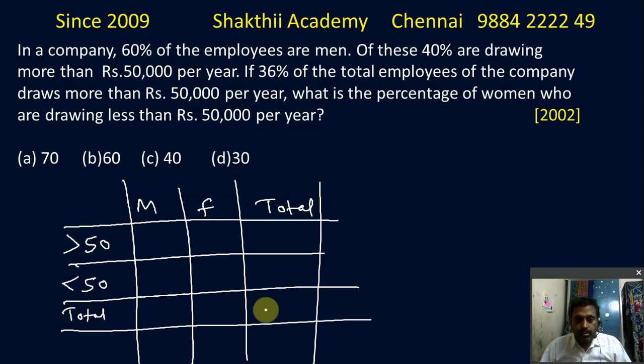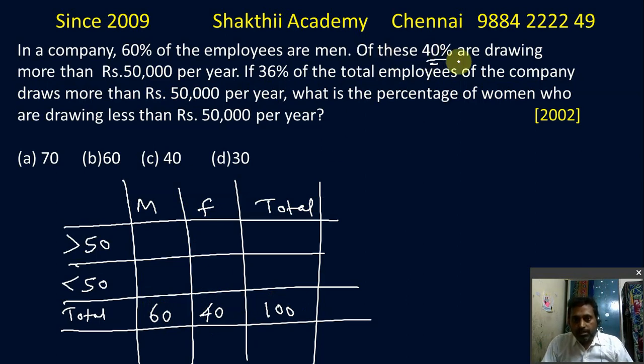So I will consider the total number of workers in the company to be 100. 60% of the employees are men. That means 60 people are men. That means the remaining will be 40. That remaining 40 is female.